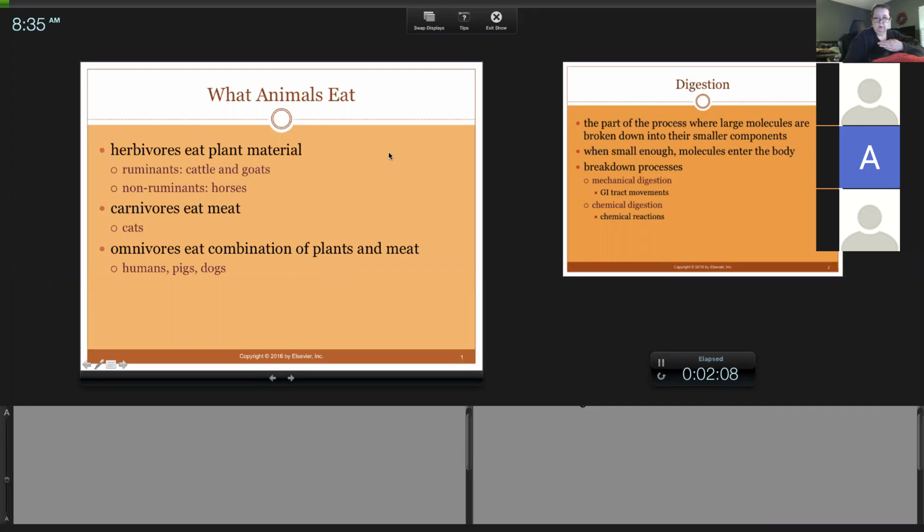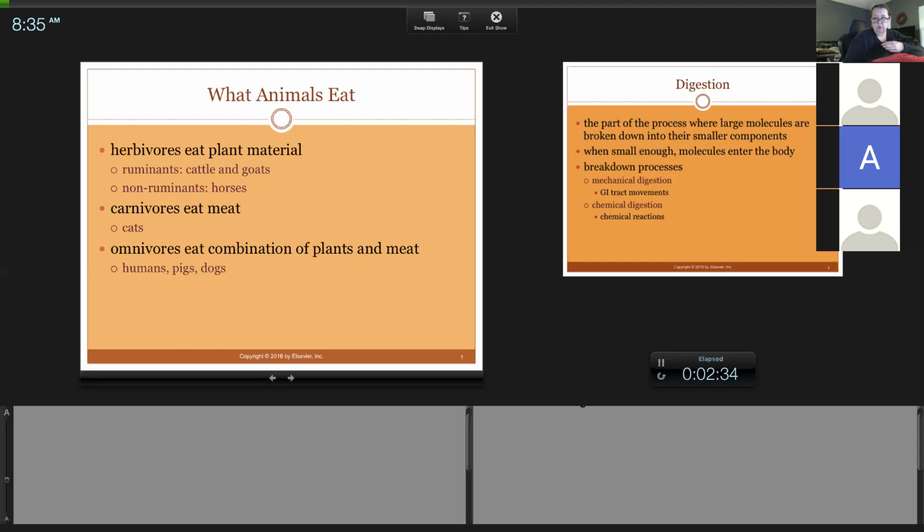Starting with the digestive system, and again, knowing what they eat, an herbivore would be, and a ruminant is cattle and goats, and cattle is pertaining. Now, a cow is a female cattle, a bull is a non-castrated male bovine, and a castrated male bovine is a steer.